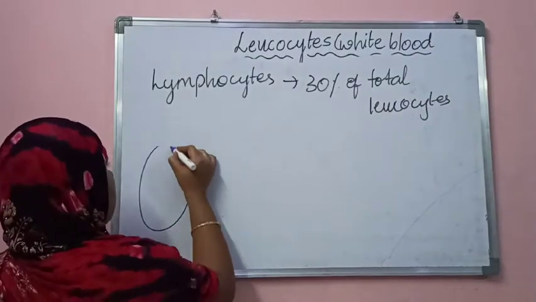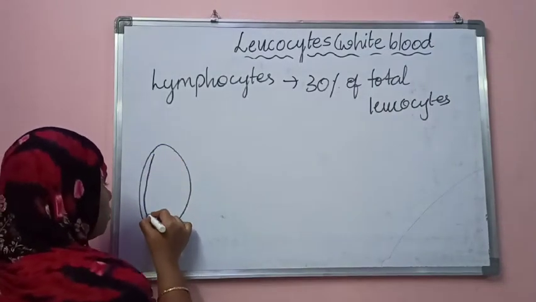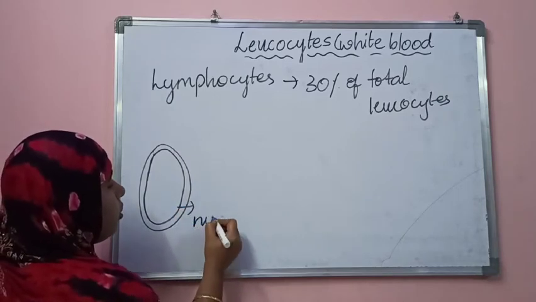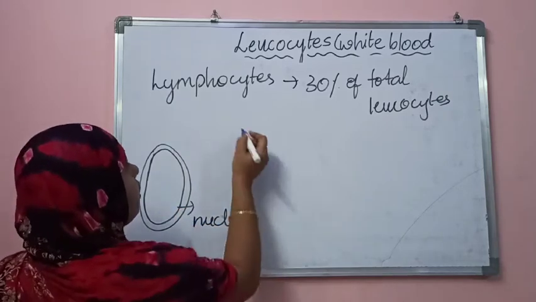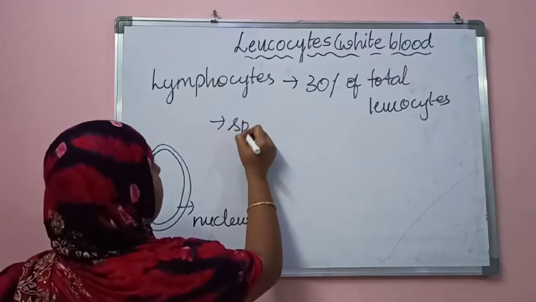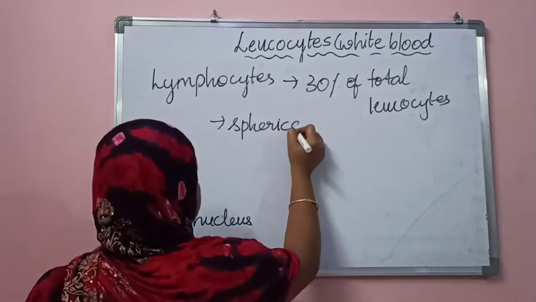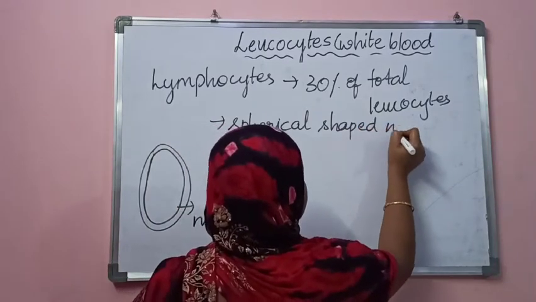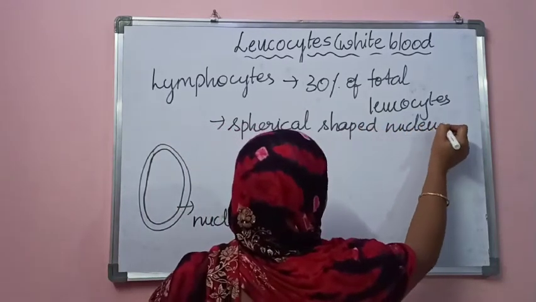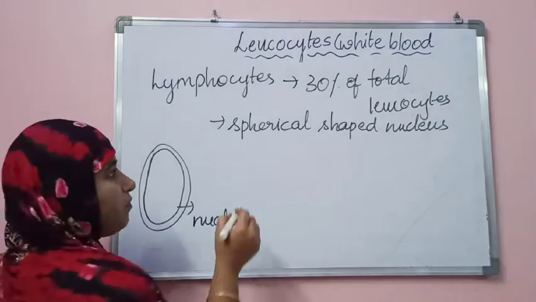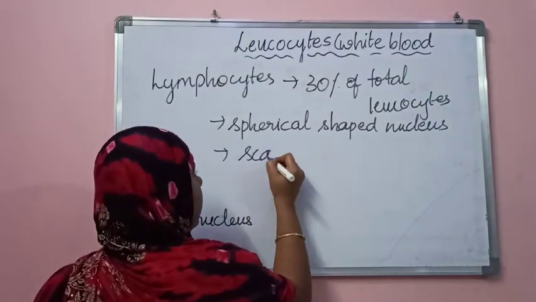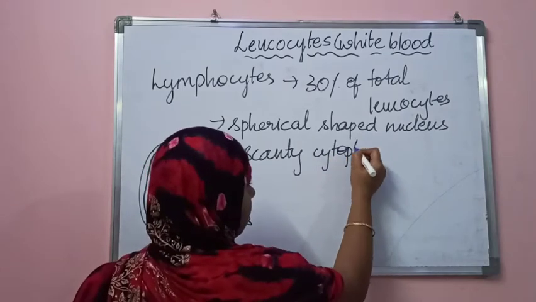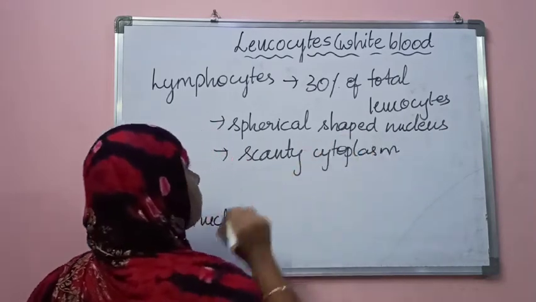If this is the cell, the major portion will be occupied by the nucleus, the spherical shaped nucleus, and the cytoplasm will be very less, scanty cytoplasm, means a very small amount of cytoplasm.